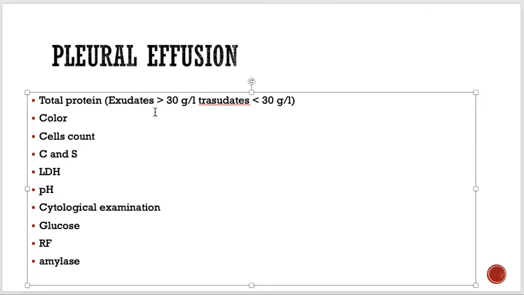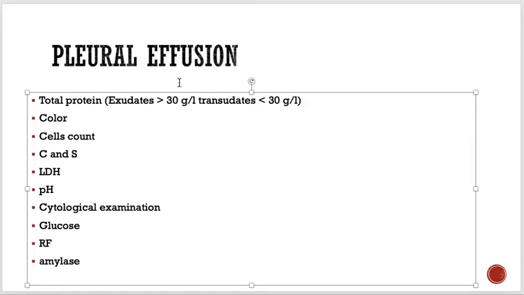So the protein content of the pleural fluid is very useful, because when there is a clear clinical suspicion of either an exudate or a transudate, and we see the protein concentration of the fluid is either higher or lower than 30, we can infer whether it's a transudate or exudate.